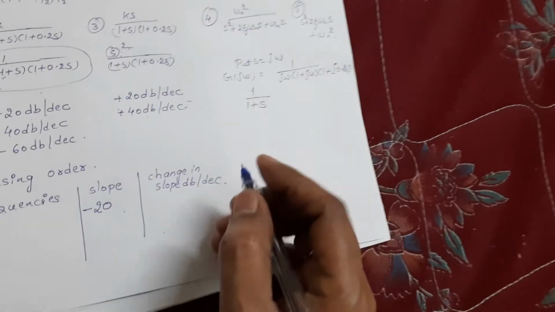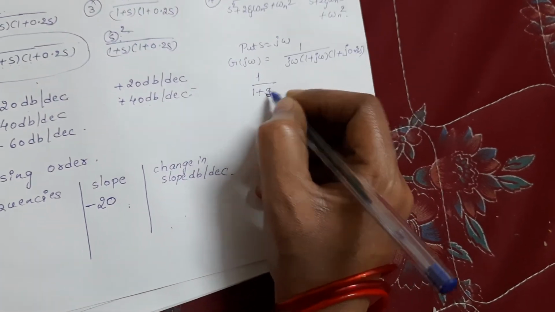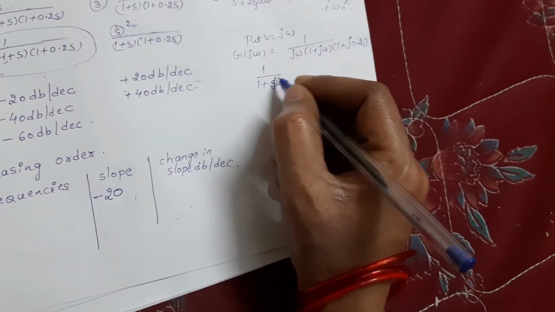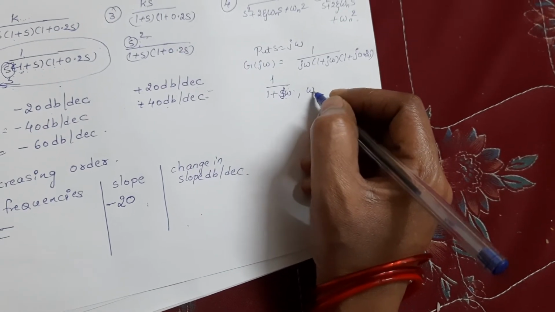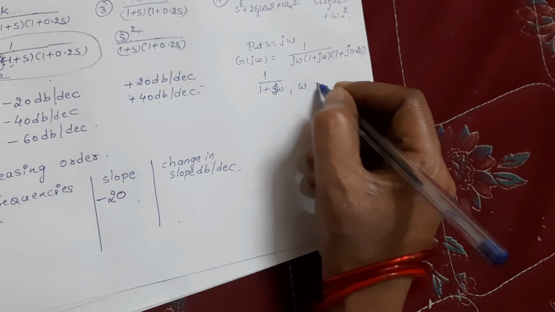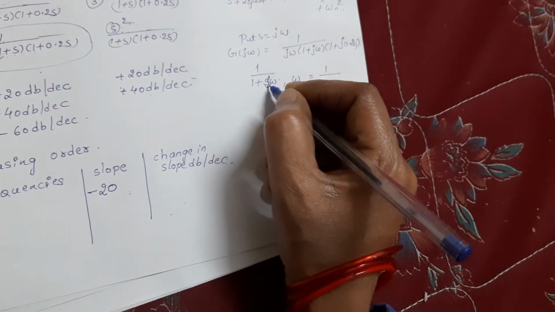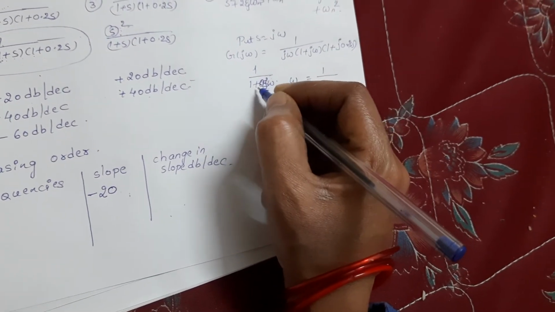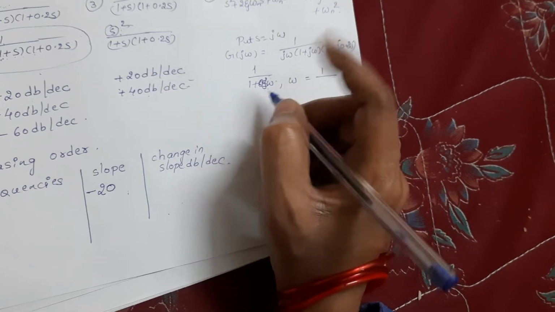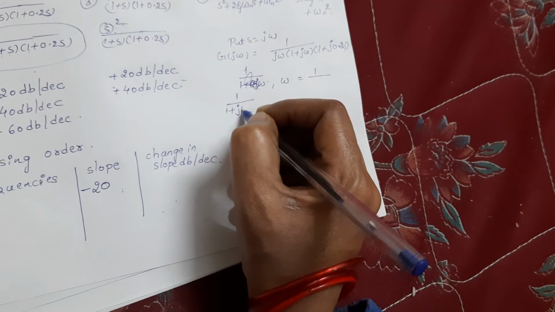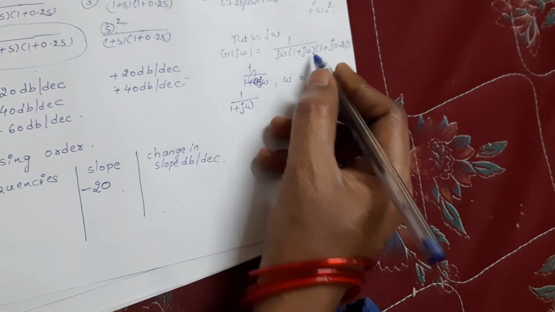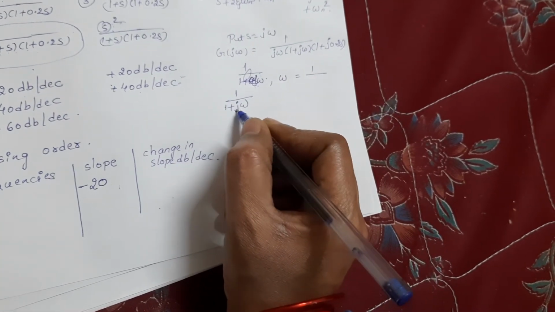First, this is 1 plus j omega. How to write the corner frequency? Corner frequency is represented with omega. For 1 plus j omega, the constant is 1. Is j omega having any multiplication factor?